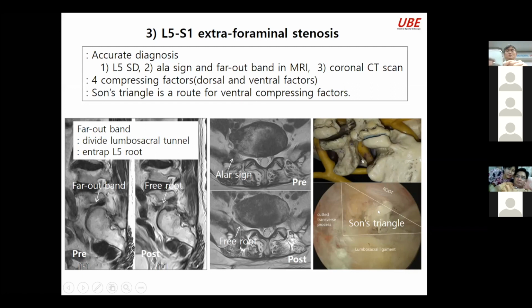This means here the bright height ligament. This is the Power band. We always check the Sonja triangle. I always go through the Sonja triangle to remove the Power band. This one here, the Power band. After removal of the Power band, complete neural decompression is probably possible.